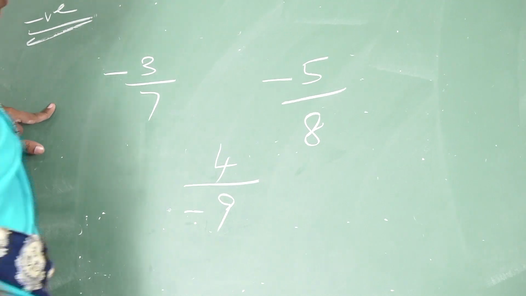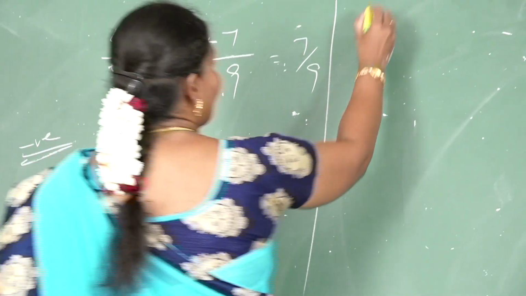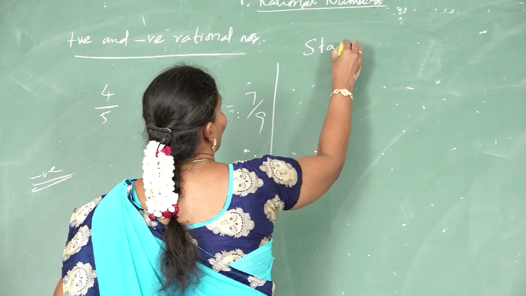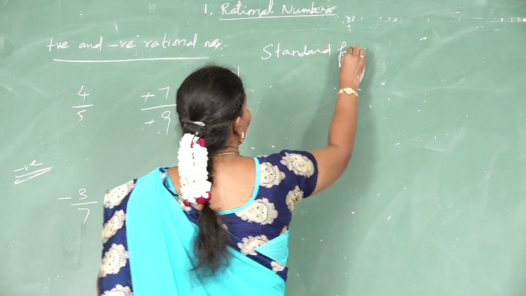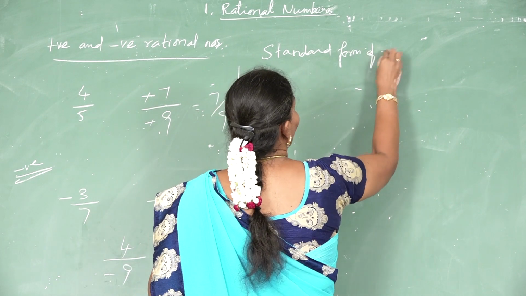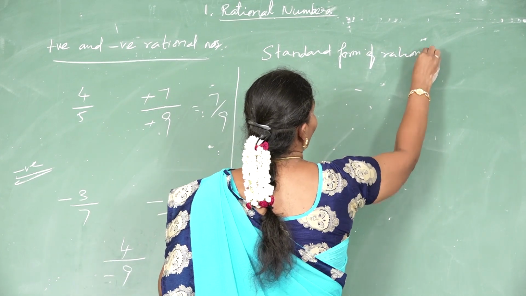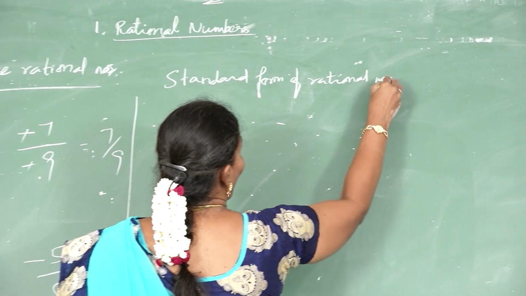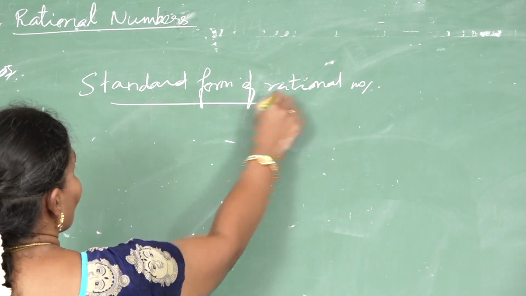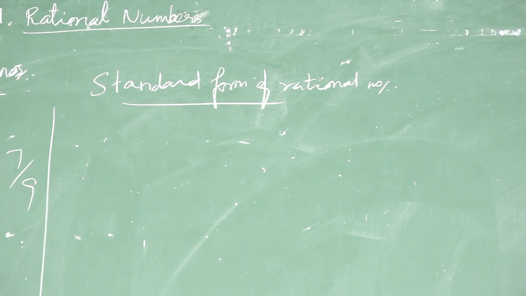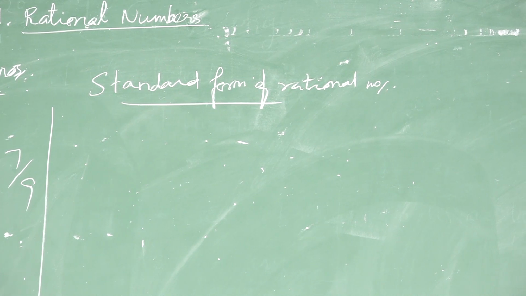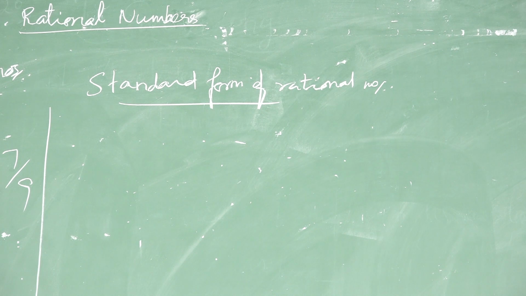Good. You see the next heading. Standard form of rational number. What is the condition for standard form? You know that this is a rational number. This is also a rational number.